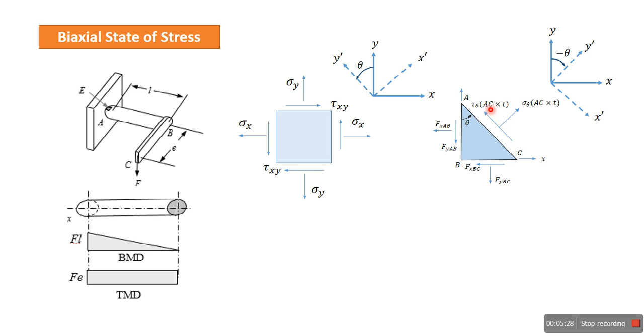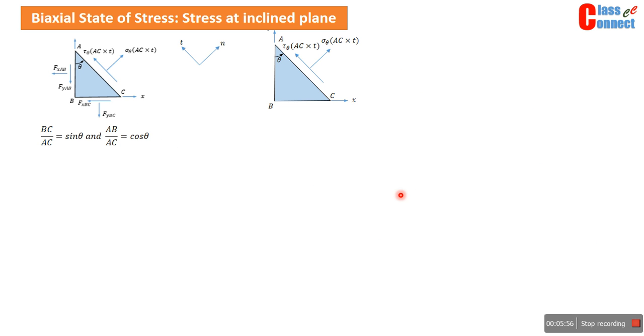So the assumed state of stress is also positive, multiplied by the area, assuming that T is the thickness of this element. So AC multiplied by this thickness will give us the area. So this is also force, normal force, and force perpendicular to this normal direction x dash. So we can have the static equilibrium equations like this. And for static equilibrium, now we have a method of analyzing this.